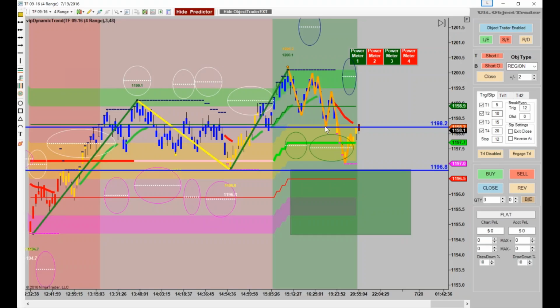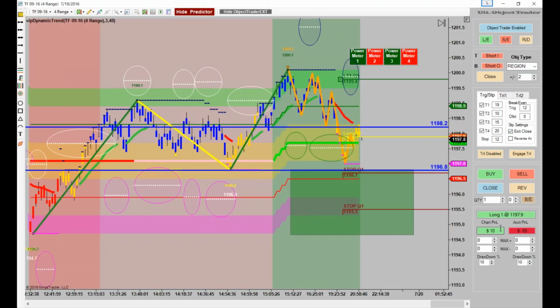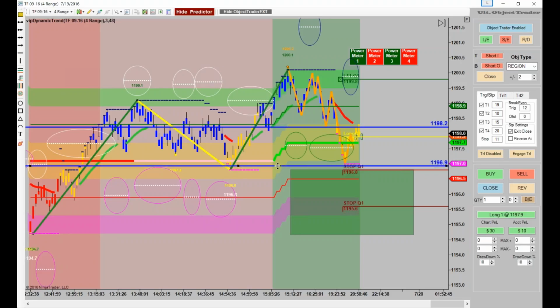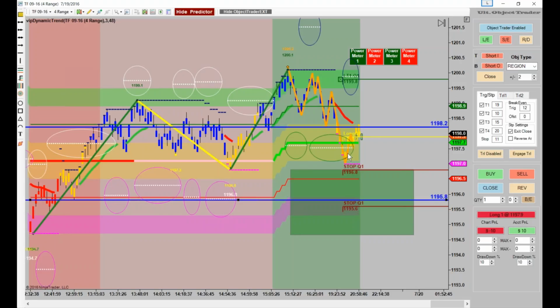Now, what you want to do if you want to do more of a breakout trade, what I'd probably do would be something like this. You know, buy 1 because you got your power meter. Keep in mind that it could easily come down here or even here for a retracement, but our stop is just under this swing, exit on close. That's 12 ticks on that particular one. You could even put it a little tighter than that because you pretty much expect it not to take out that swing because it's already basically identified it.